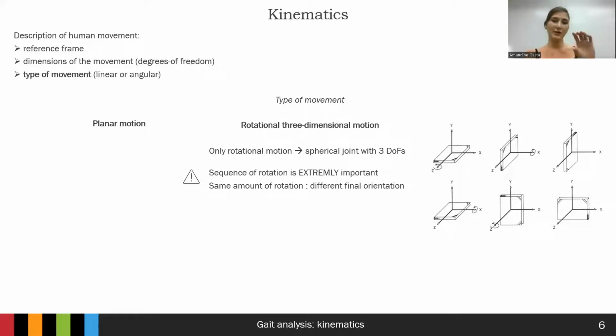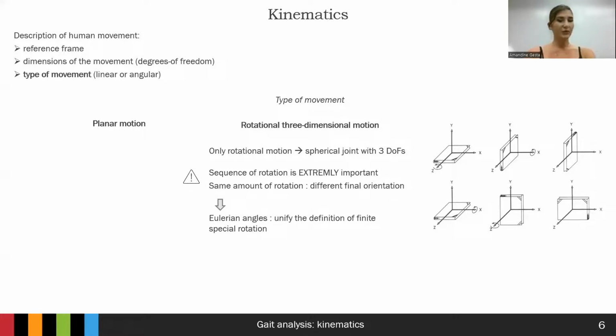First, you would have a rotation around the axis of Z, then the axis of X. But if you do the same type of rotation in a different order, like you begin with a rotation around Z and around X, and then around Z, you would have another orientation at the end.